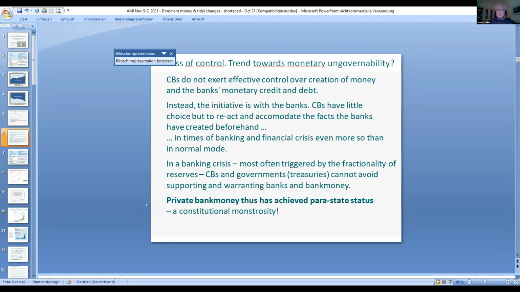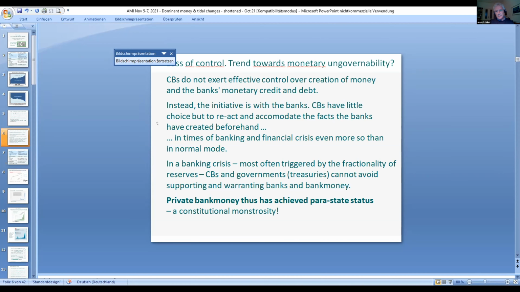Because the initiative is with the banks, and the central banks have little choice today but to react to accommodate what the banks have created beforehand. And this can particularly be seen in a banking crisis. Banking crisis most often is triggered by the fractionality of the reserves.